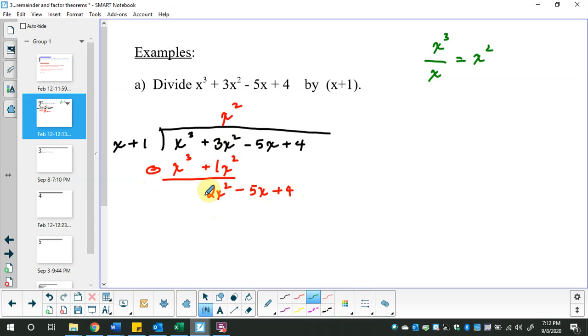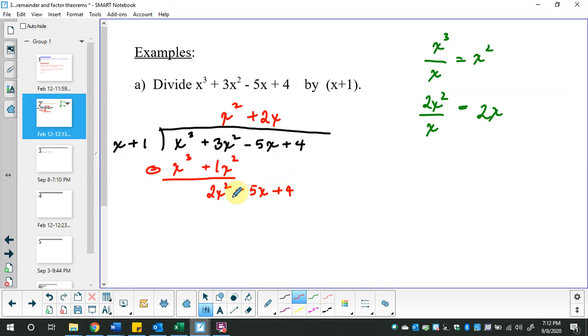Next step, take the new dividend and divide it by the first part of the divisor. And that will be 2x squared divided by x is 2x. And I can put that with its appropriate sign in the quotient area and then multiply around.